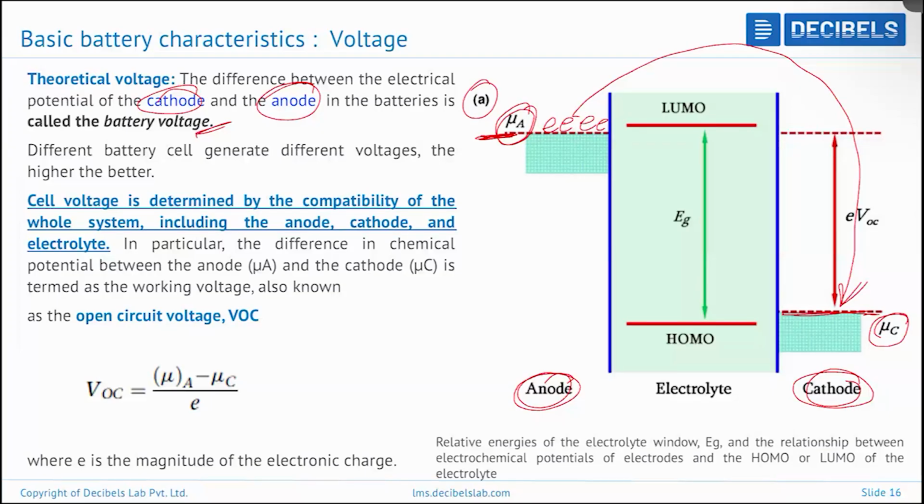So if the difference between the chemical potentials of anode and cathode is more, more voltage or EMF is expected. Therefore, when designing any battery, the chemical potential of the anode should be at a higher level and that of the cathode at a lower level, because it is empty. It is a hole, which means it can accept electrons. There is no electron here, it's an empty level. So this is about anode and cathode, which defines the voltage.